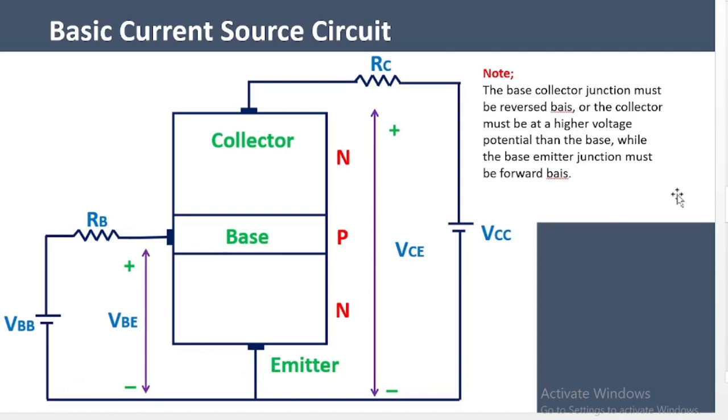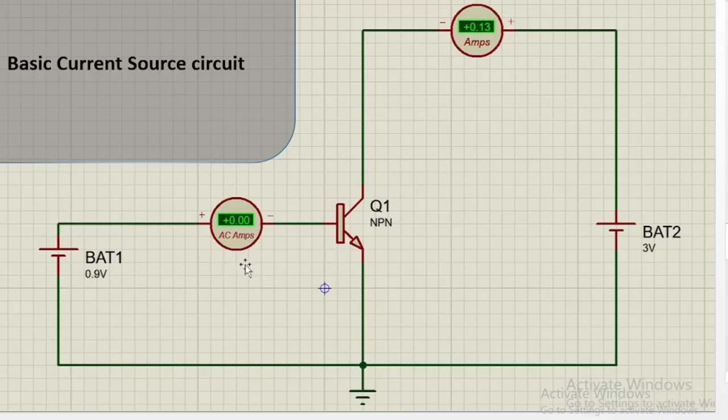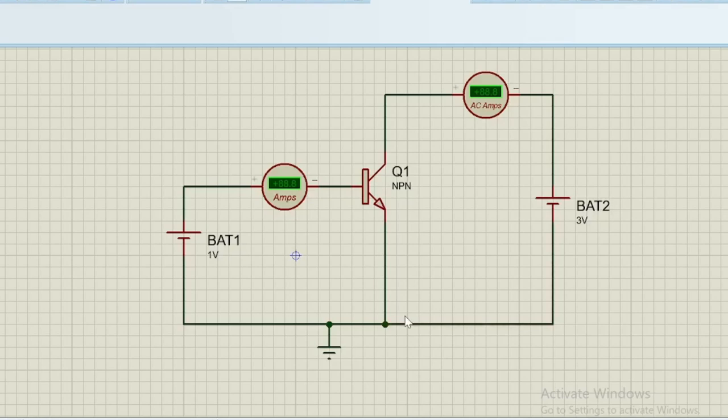And then I think I have a basic circuit for that here in Proteus. So I think we would like to step to Proteus to be able to see it. Let's simulate it and see. So this is a basic current source I have set up here, and this is to just give us an idea of what I just explained.